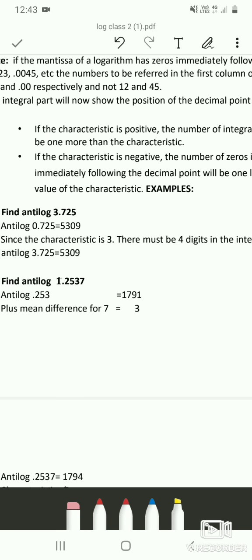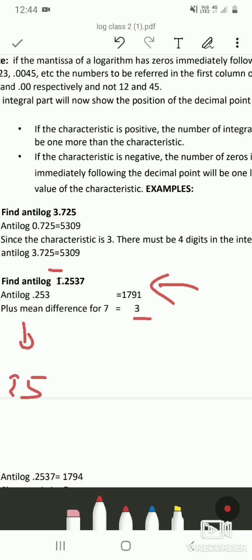Find the antilog of 1 bar, that is minus 1, .2537. Just like in the previous example, first consider the mantissa part. So here you have to check 25 under 3 plus the mean difference for 7. In the table, in the first column, you find 25 under 3.